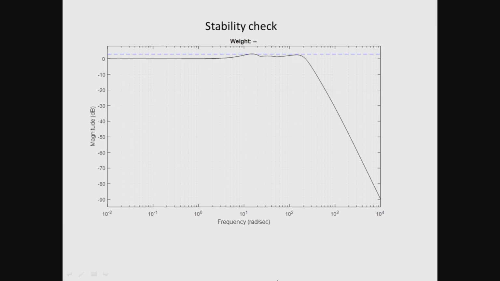This slide shows the transmission function of the feedback part alone, and the blue dotted curve on the top, which I am indicating by means of this arrow, indicates the line 3 dB. The black curve shows the maximum value of the transmission function at different frequencies, and we see that at no frequency does the transmission function exceed 3 dB in magnitude, and this in turn implies that the stability specification of our closed loop system has been met.